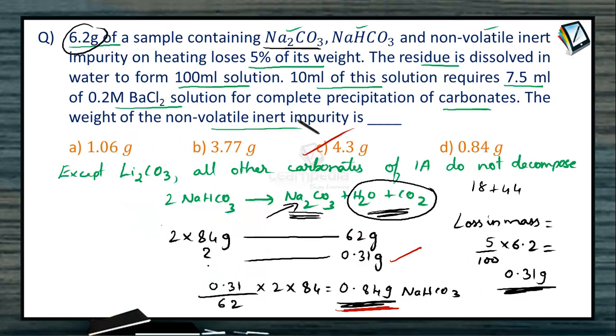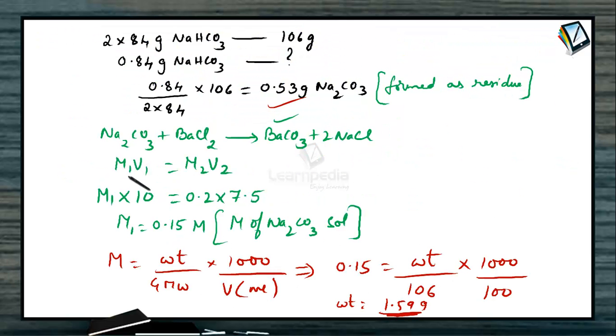Then this entire residue is dissolved in 100 ml of solution, and then 10 ml of that particular solution is made to react with 7.5 ml of 0.2 molar barium chloride solution. So from that we get the molarity of the total sodium carbonate present in the solution. From that we can calculate the mass of sodium carbonate.